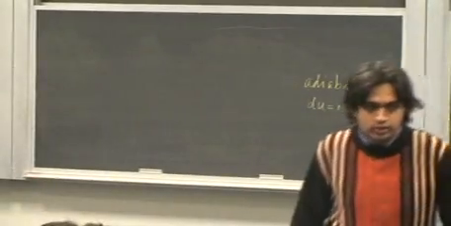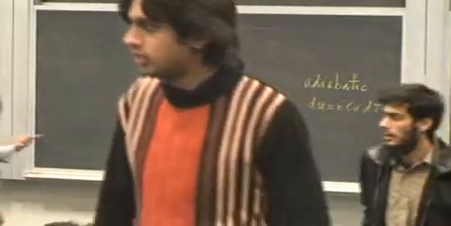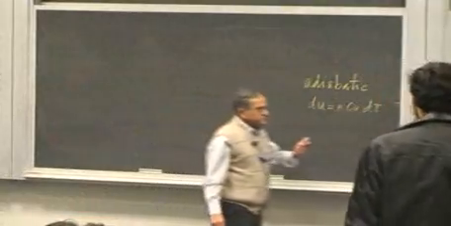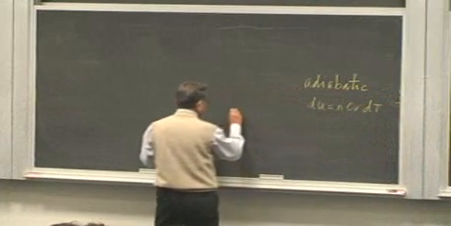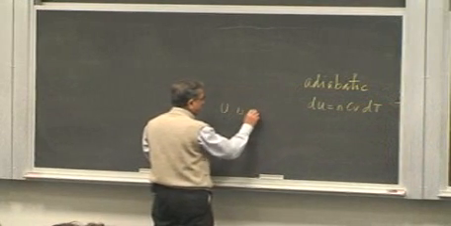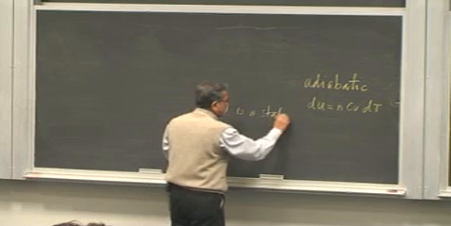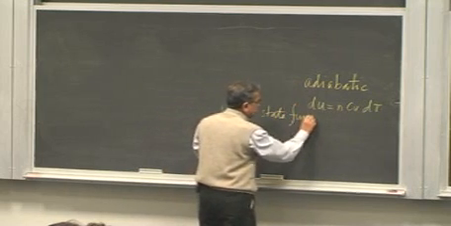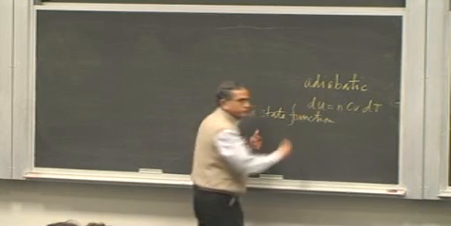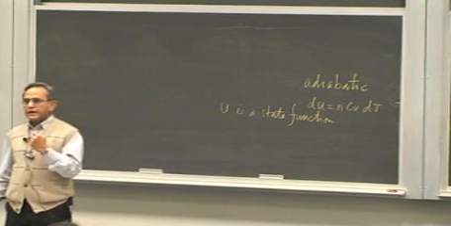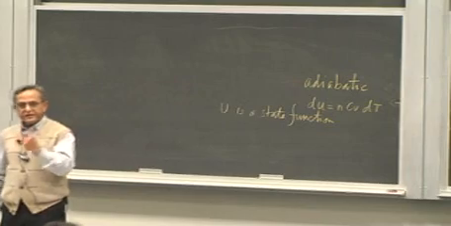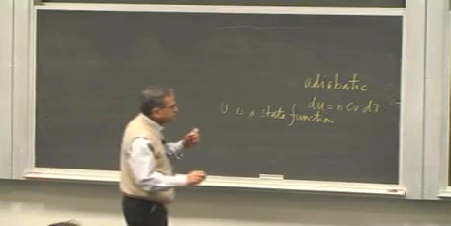And I think the answer, which I tried to explain last time, but let me say this again today, lies in the fact that U is a state function. U is a function of state, and therefore it is defined for a given state of the system.